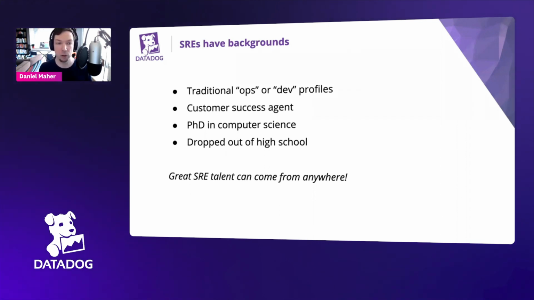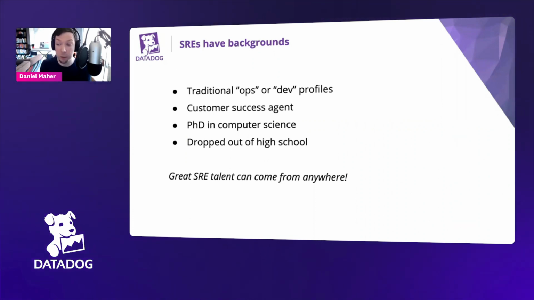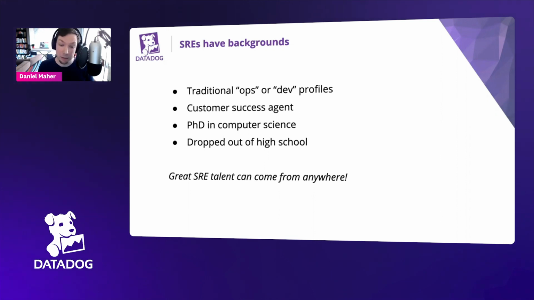It's easy to look at people coming from traditional ops backgrounds, network engineering backgrounds, system administrators, sysops, as it used to be called back in the 80s, or traditional developer profiles and go, oh, that's who we should be looking at. Those are the people who are going to be building out our SRE program. And you know what? You're not wrong, right? People coming from traditional ops and dev profiles often have the right capacities and the right personality traits and frankly the interest to do it. But that's not the only place, right?